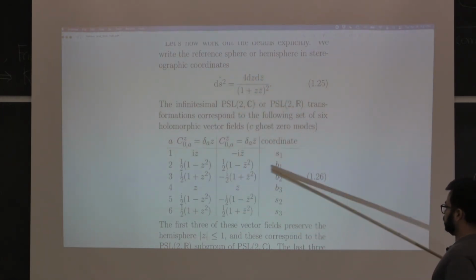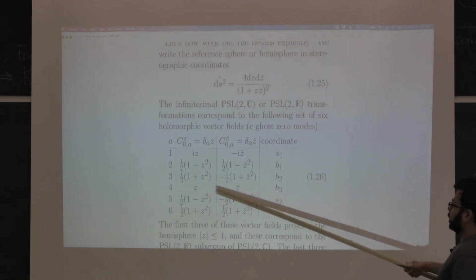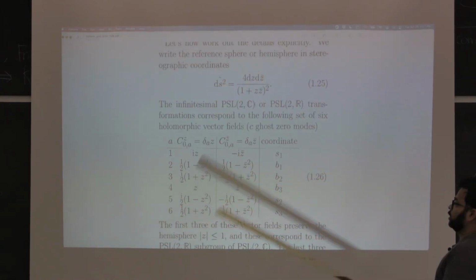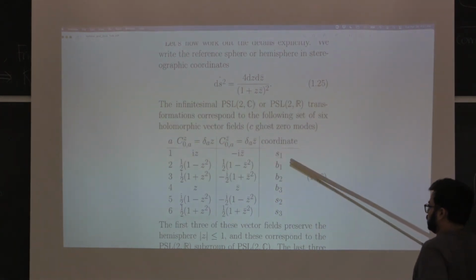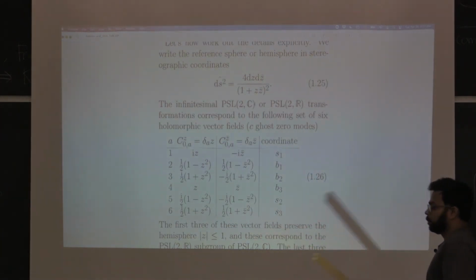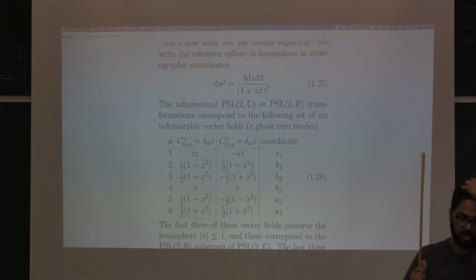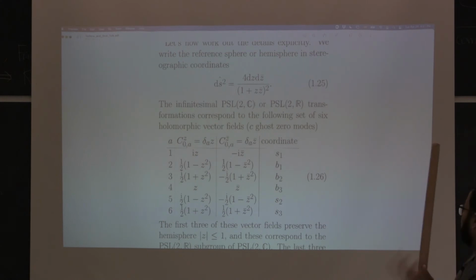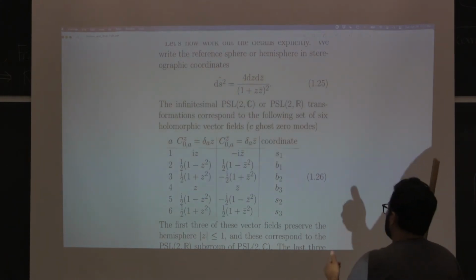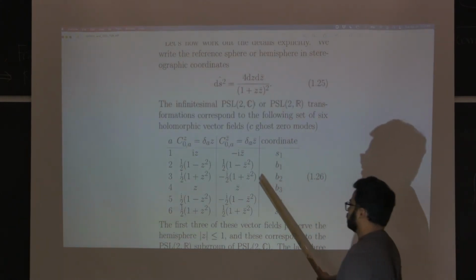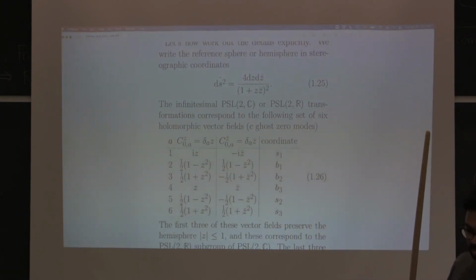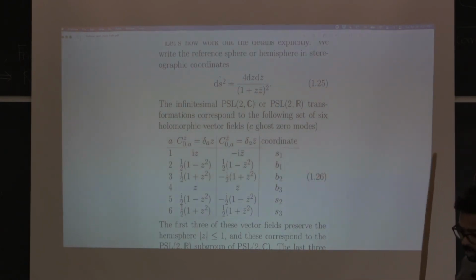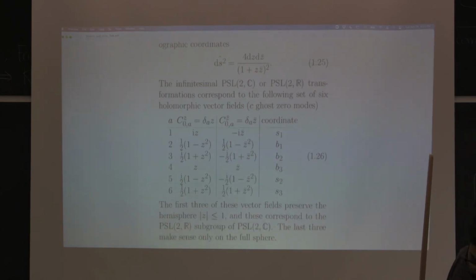These B1, B2, B3, you can check, break the metric on the sphere, and S1, S2, and S3 precisely generate the SO3 symmetries of the sphere. And the point is, on the hemisphere, you only have the first 3, because the last 3 don't preserve the equator. They move the equator around. So 4, 5, and 6 are just illegal on the hemisphere.